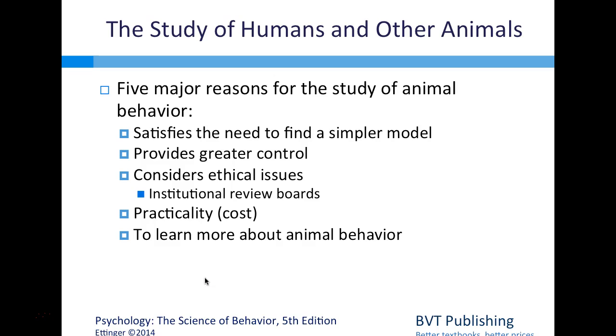First of all, one of the biggest reasons is for simplicity's sake. When you think about a scientist who needs to figure out something about an organism, in your high school biology class you might have dissected an earthworm.